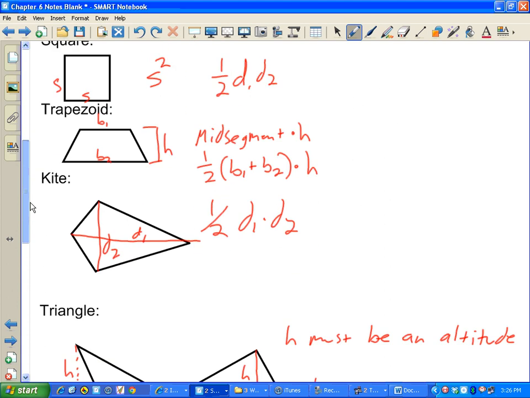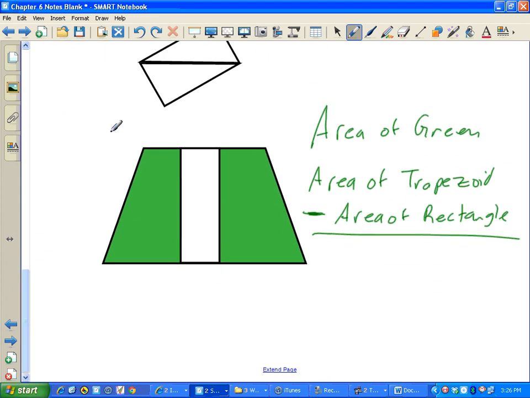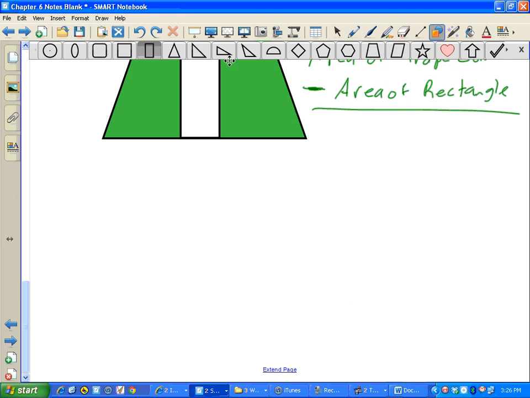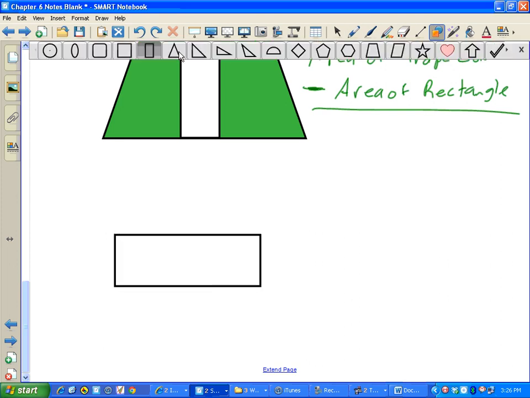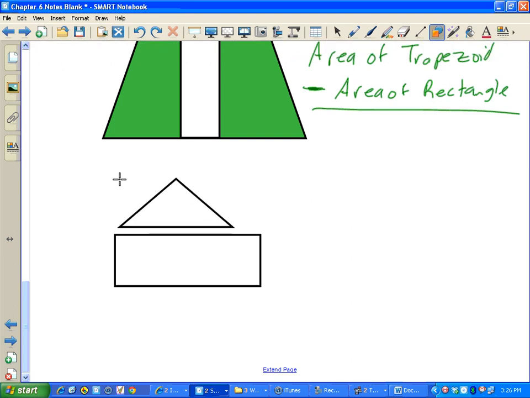The other thing is if you have a bunch of shapes hooked together, so maybe they put a rectangle and then they attach it to a triangle, whatever, and then they can throw another shape on there.